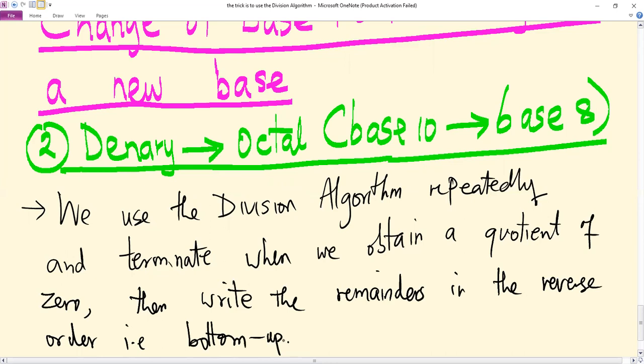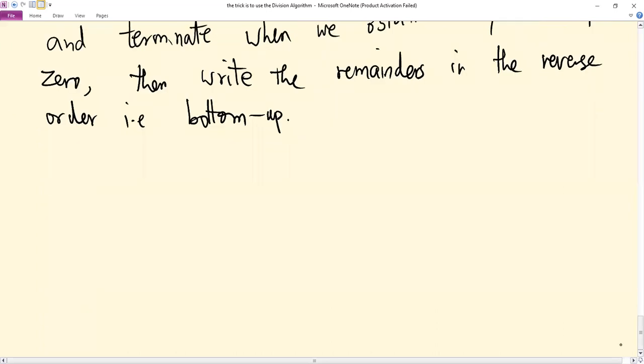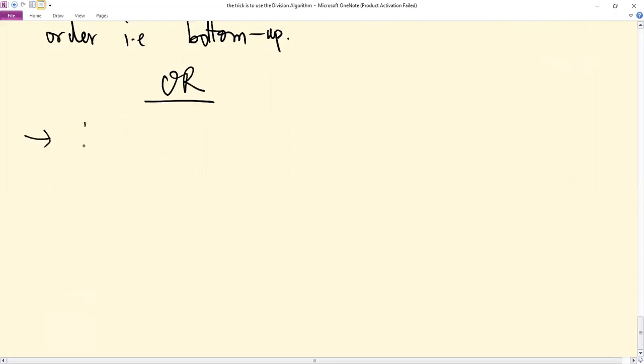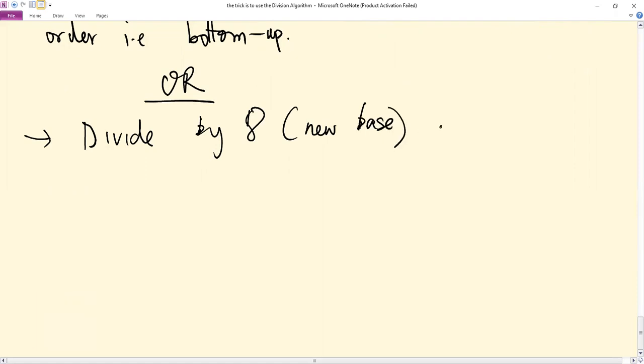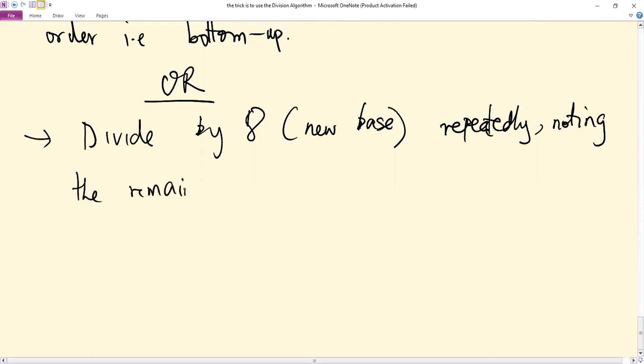Or, if you don't want to use the division algorithm, you say divide by 8, which is the new base, repeatedly, noting the remainders at each stage.